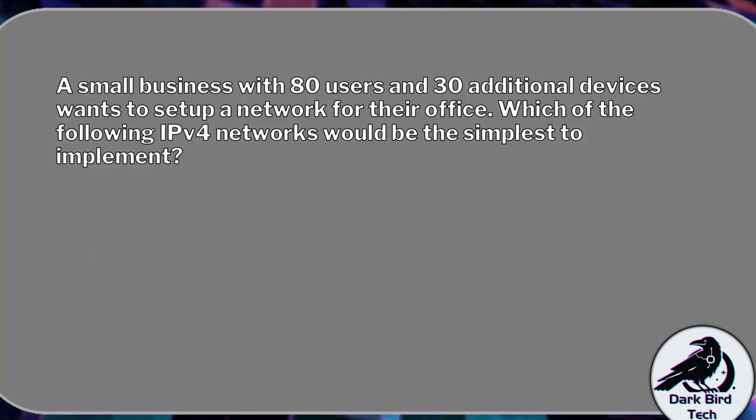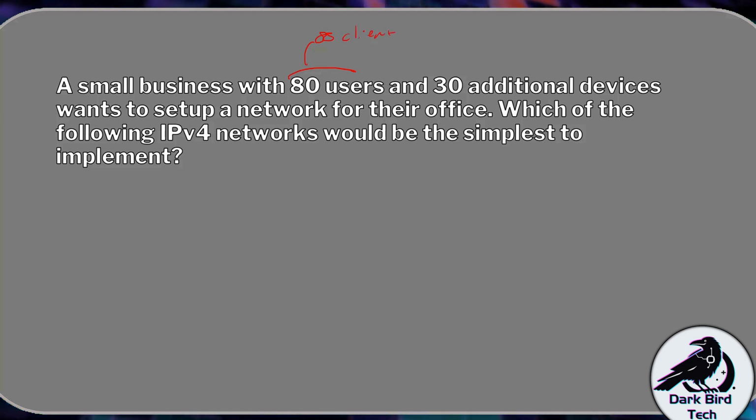A small business with 80 users and 30 additional devices, we'll deal with that now, wants to set up a network for their office. Which of the following IPv4 networks would be the simplest to implement? Okay, so let's just break down this whole number here. 80 users normally assumes 80 client devices.